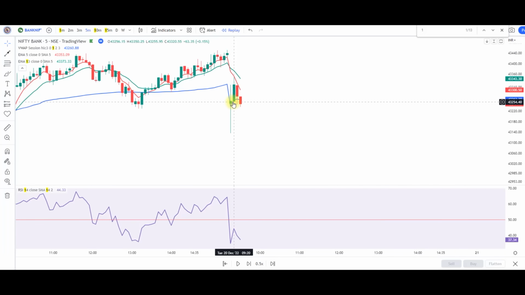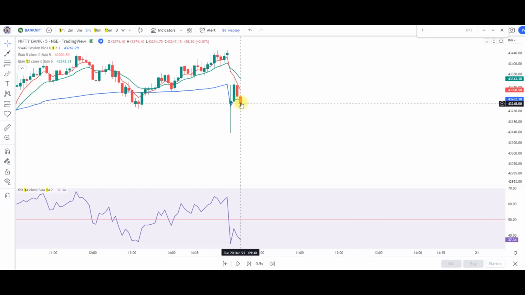If we see, the 9:15 candle gave a close above the VWAP, but we will not look for a long side. Why? Because RSI is below 50 and price is below the 5 and 13 EMA.